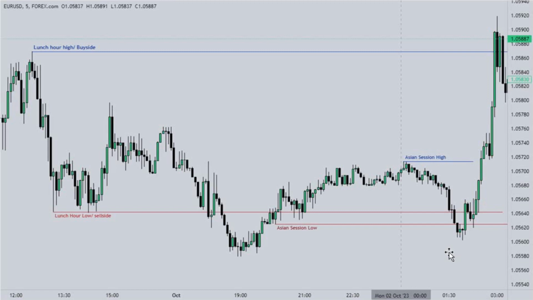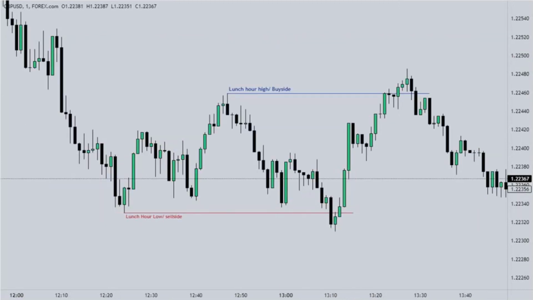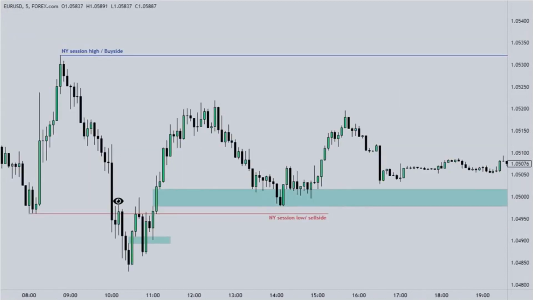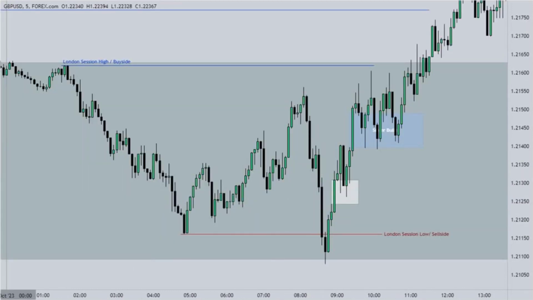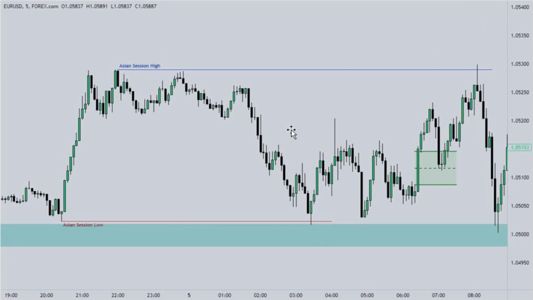You could know that the previous week was a bearish week, not bearish, I would say inside range. So you could see that this lunch hour high or New York session highs or London session highs, and preferably the Asian session highs or lows, are likely to be targeted most of the time.